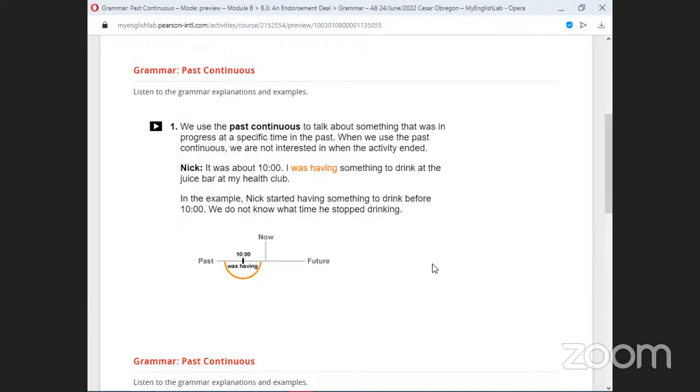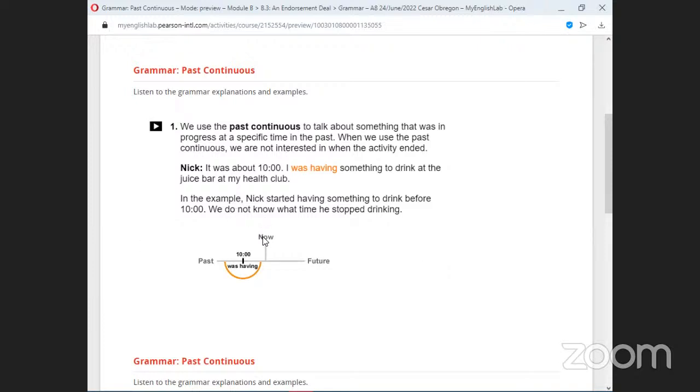Yes, it's similar. Remember, whenever we speak about the past continuous, we're talking about something that happened in the past. And it was an activity that you were doing. You're giving an example of something continuous in the past. We talk about something continuous in the present, something about the future, and the present perfect. We talk about something that was happening since some point in time up to now.